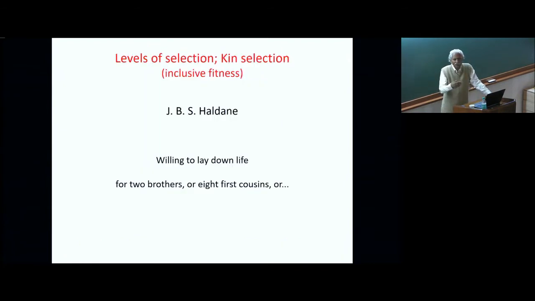Now, the idea of natural selection has various embellishments put on it. Darwin himself put on an embellishment called sexual selection, which I will not go into here at all, except to say that Darwin used it to explain why in a great many species, males differ very much from females.